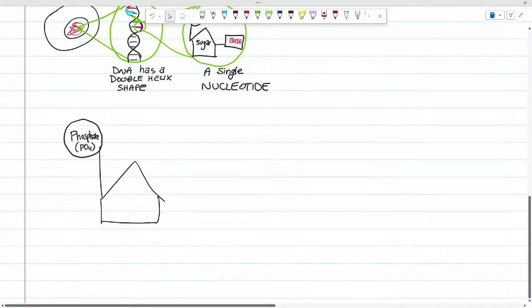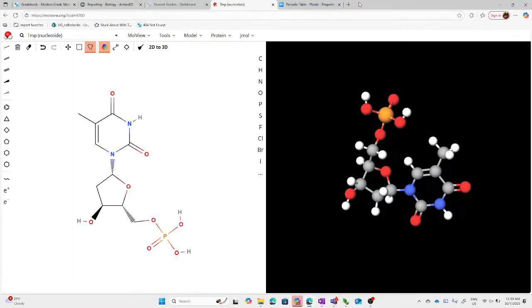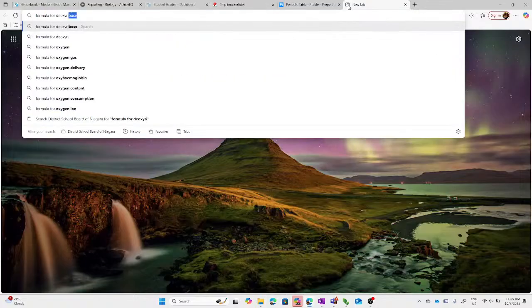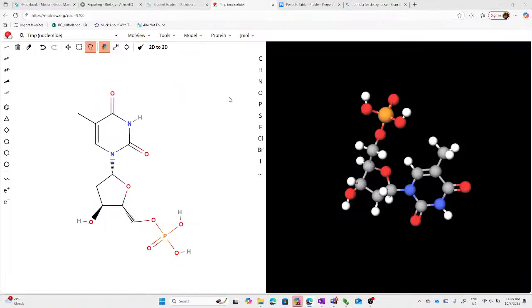That's the only difference. So in this case, because we're looking at DNA, we'll call this deoxyribose, which has a formula of C5H10O4.